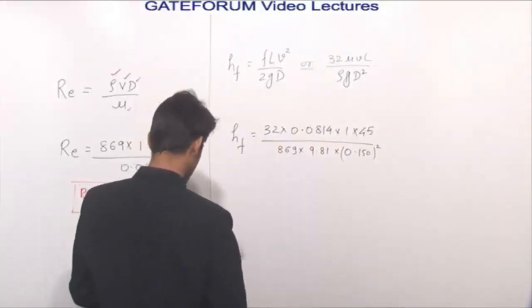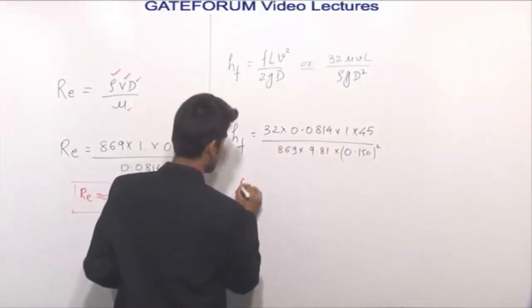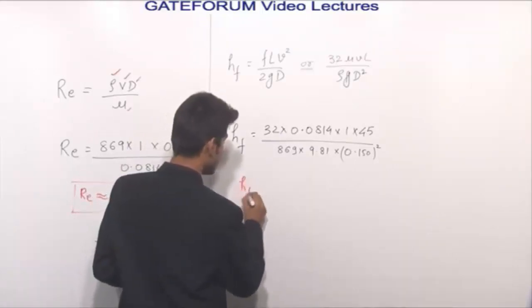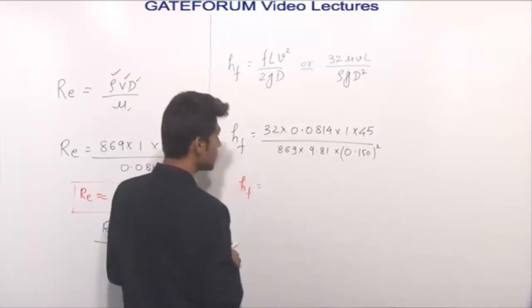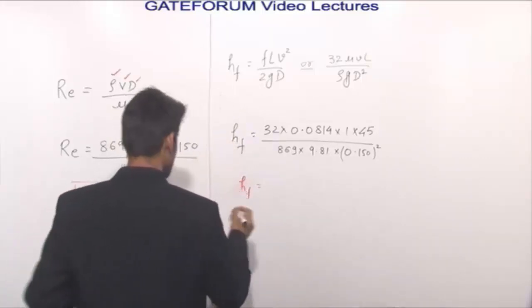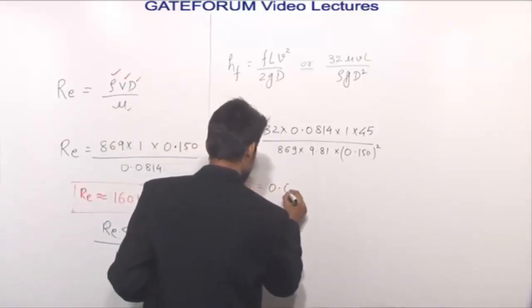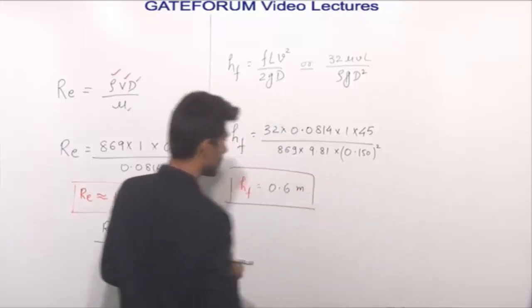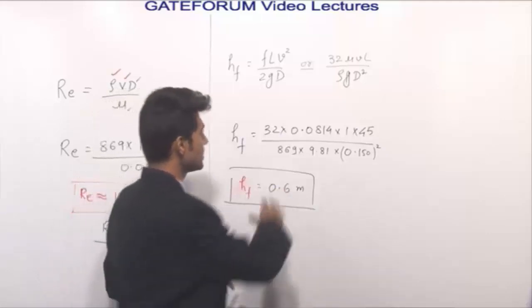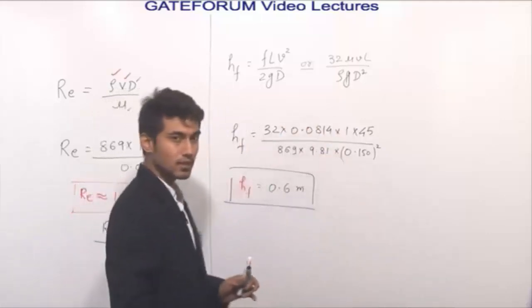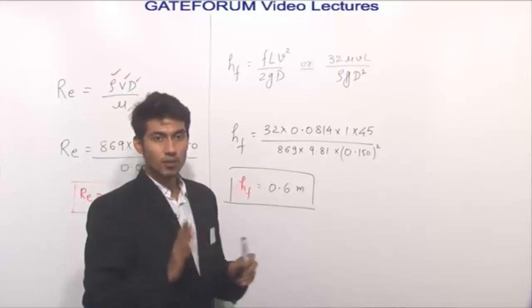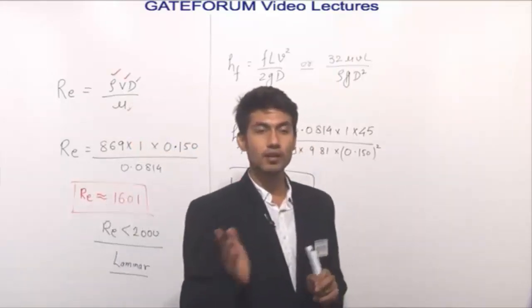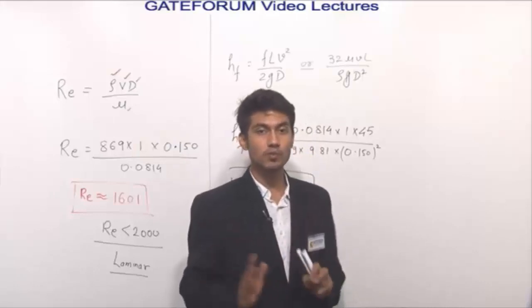Now if you calculate this value, the final answer will be friction head loss equal to approximately 0.6 meter. Approximately you will get 0.6. You can approximate the values, and you can see the options are quite different. One option is 0.51, another option is 0.61, 0.41 and 0.31.